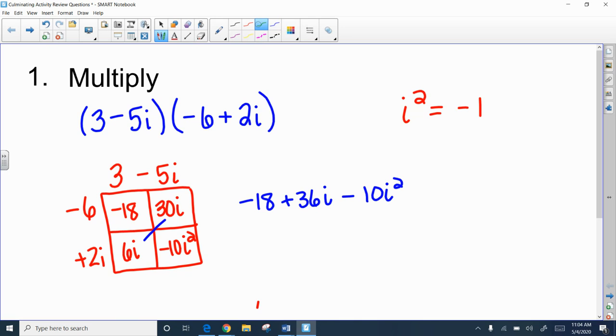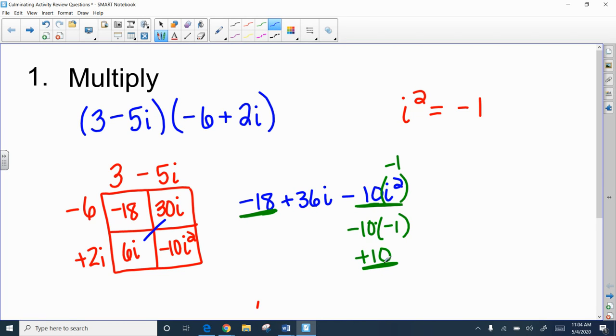But we're never going to leave an i squared. We need to simplify this. i squared is equal to negative 1. So I'm going to replace this i squared with negative 1. And it's multiplied. So negative 10 times i squared would be negative 10 times negative 1, and that would give me a positive 10. Now this positive 10 can be combined with the negative 18.